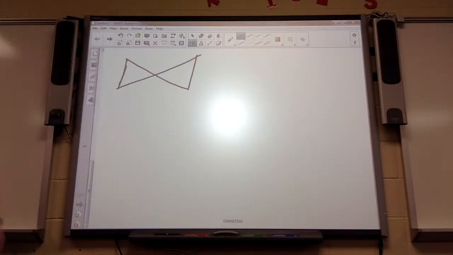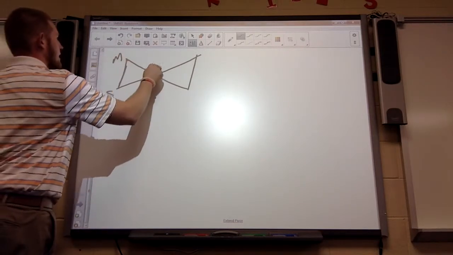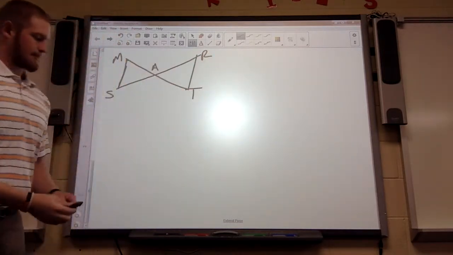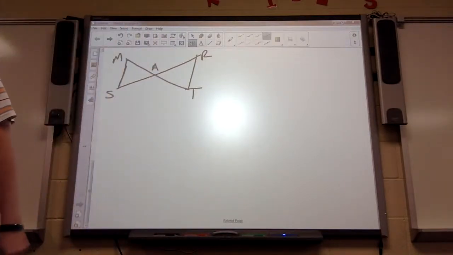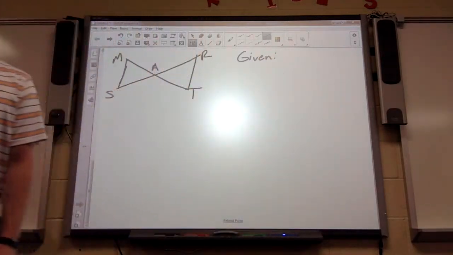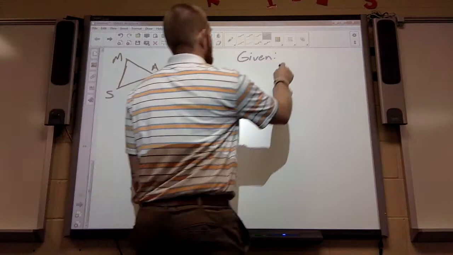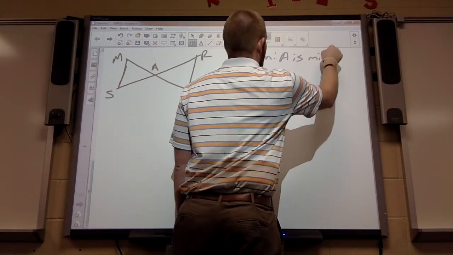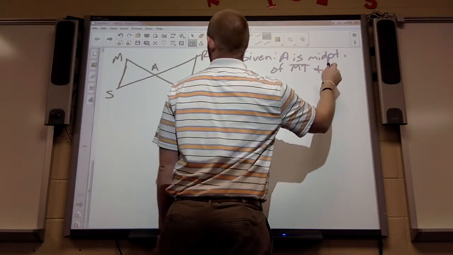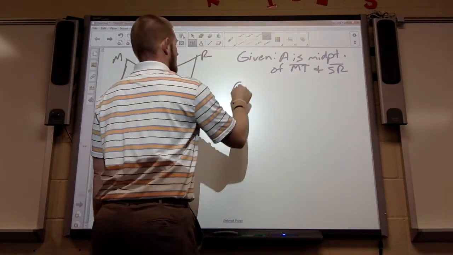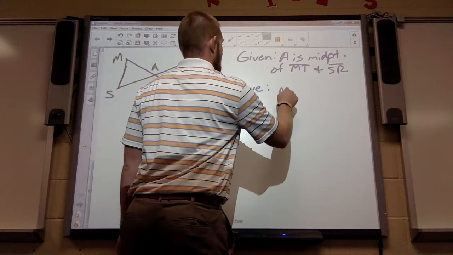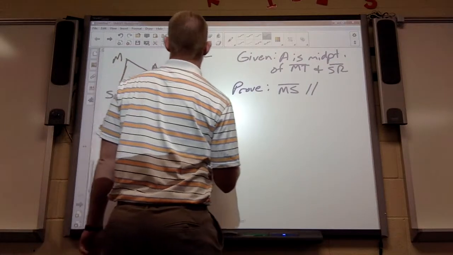Okay, I have SMATR. And my given information, they tell me that A is the midpoint of MT and SR, and I want to prove that MS is parallel to RT.